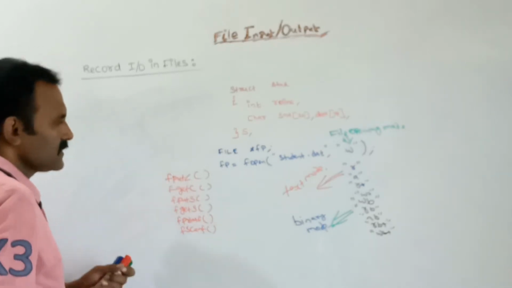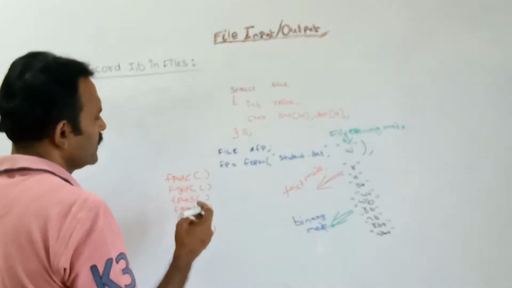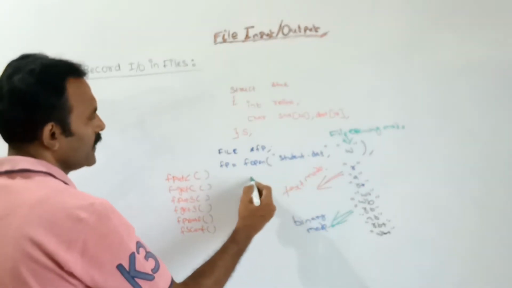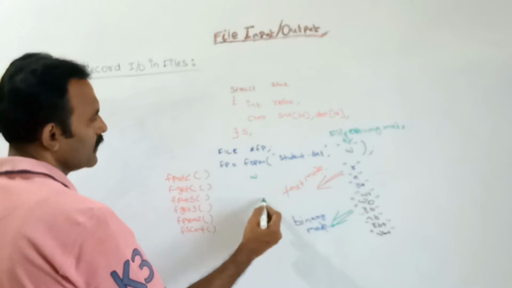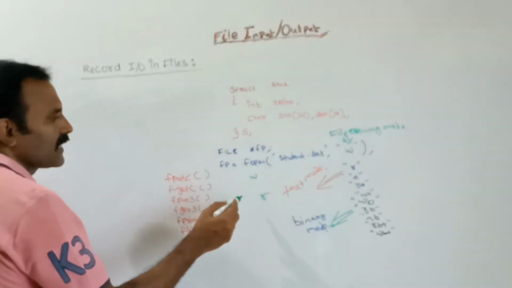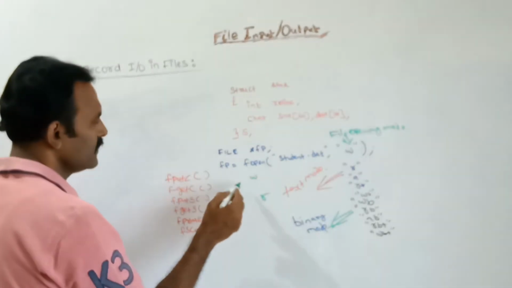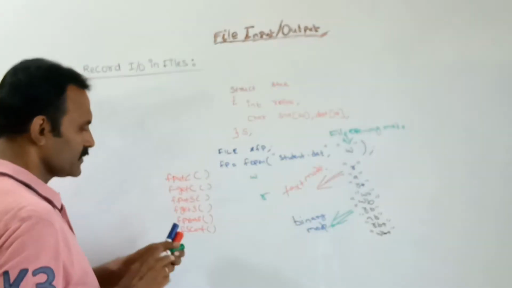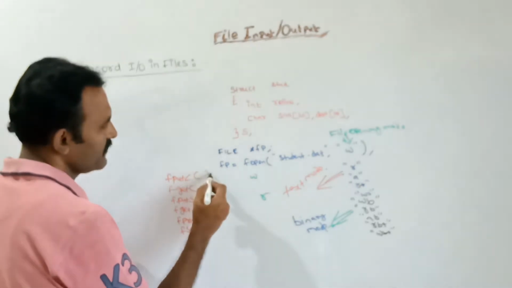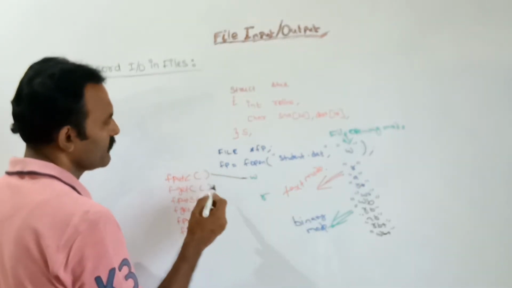These are the functions used for writing and reading. Suppose you want to write or read content in text mode, then for writing we can use this one. By the help of fputc we can write content to a file.